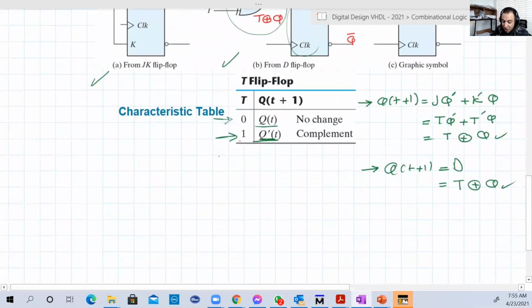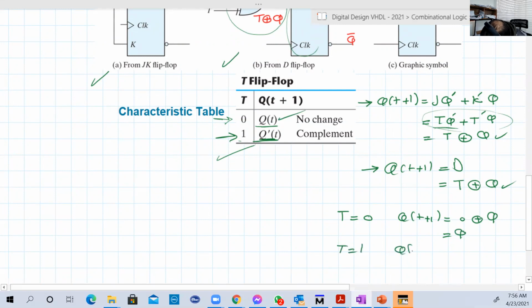Now let's derive this characteristic table out of the equation in here. Okay. If T is equal to 0, for example, then Q of T plus 1 will be equal to 0 XOR Q. If we look at the equation in here, T is 0, so 0 times Q bar will be just 0, then T bar is 1, so it will be Q. And when T is 1, Q of T plus 1, let's check.